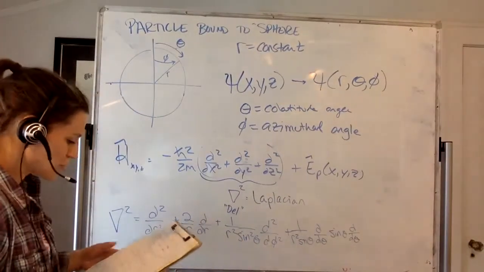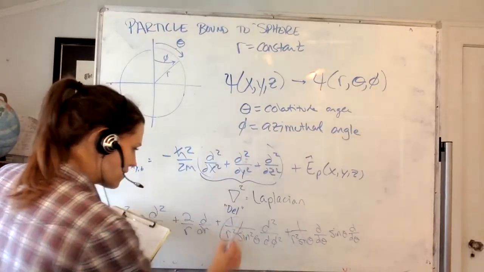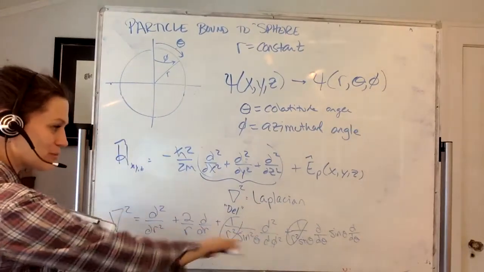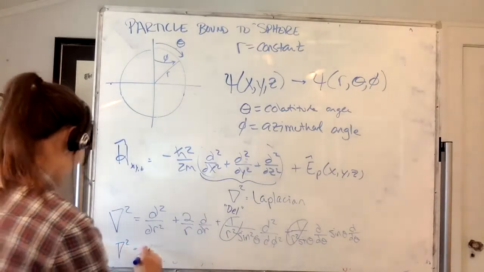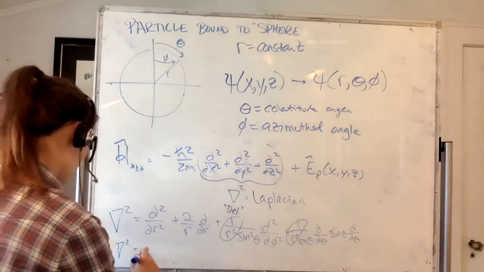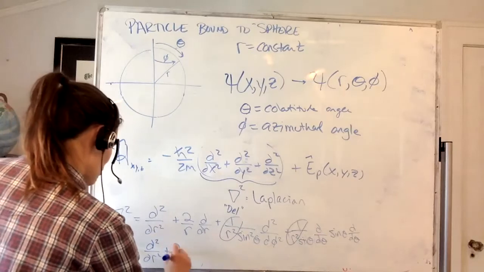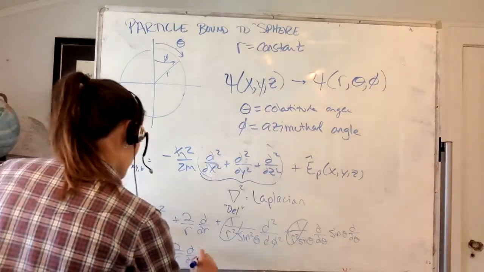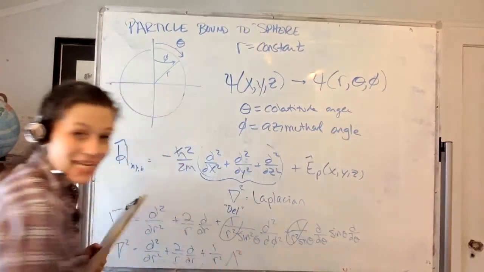And so the cool thing is I can take out this 1 over r squared, and I can amazingly enough simplify this. So I'm going to get del squared equals partial squared partial r squared, that's just that first term, plus 2 over r partial r, plus 1 over r squared lambda squared. There's a big lambda here.